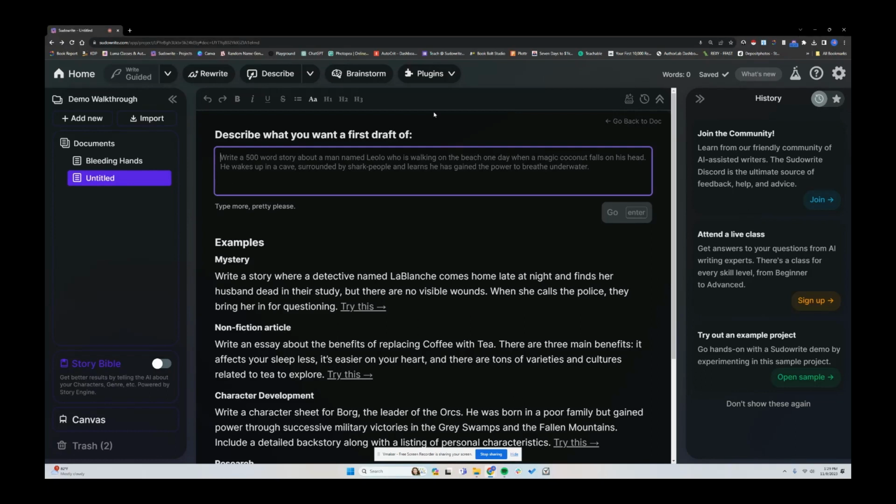I use it a lot in my class demonstrations for nonfiction work. So I could tell it to write an outline for a nonfiction book about two yoga poses and their benefits.